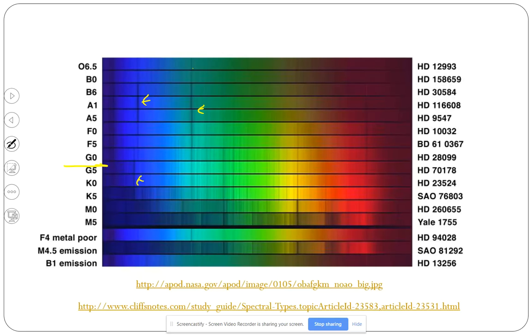To astronomers, metals are anything not named hydrogen and helium. So a metal poor star is a star that doesn't have much besides hydrogen and helium in it. If it doesn't have much besides hydrogen and helium, it doesn't have much absorption because it only has hydrogen and helium absorption lines and nothing else.